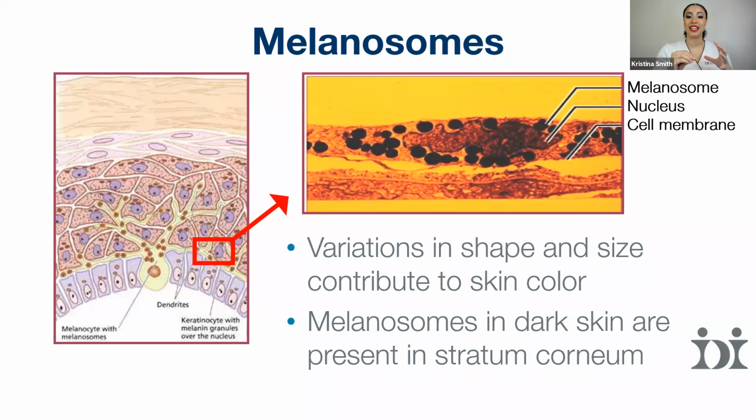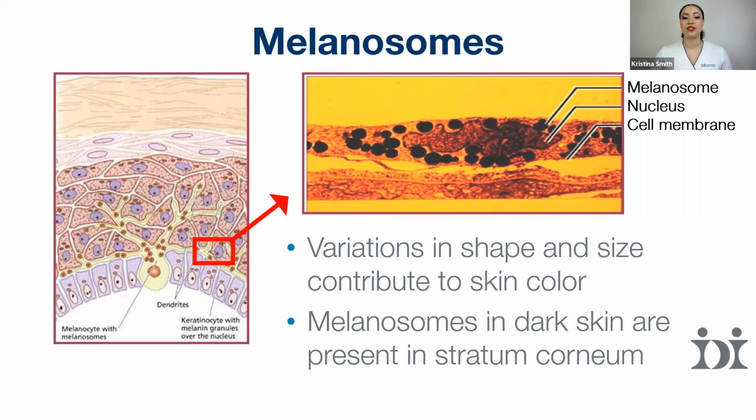And then once the melanin moves in, houses don't do this in real life, but the melanosome will change structure depending on what the melanin is signaling it to do. And we will look at that more in depth. So we mentioned there's variations in the shape, oblong for eumelanin, round for pheomelanin, variations in size, larger for eumelanin, smaller for pheomelanin. And that's one of the things that contributes to the skin color.